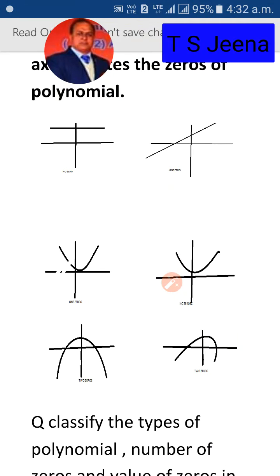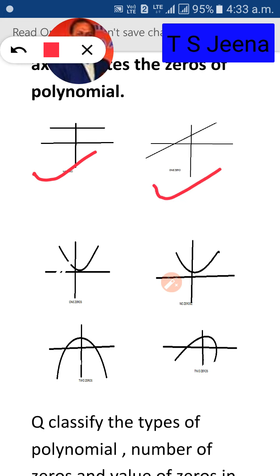This graph is given here. This is a constant polynomial because its height is constant and it is not intersecting the x-axis, so it has no zero. This one is a linear polynomial. It is cutting the x-axis at one point, so it has 1 zero.